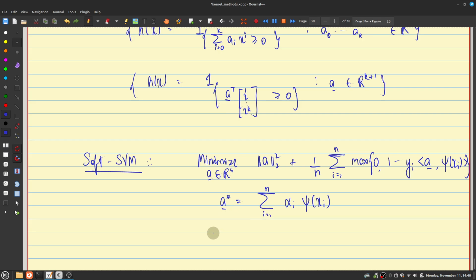Then what is the class? Suppose I'm given a new sample. What do I need to do? I need to just check. So h A star of x: you declare 1 if the inner product between psi of x and A is greater than or equal to 0, and declare 0 otherwise.